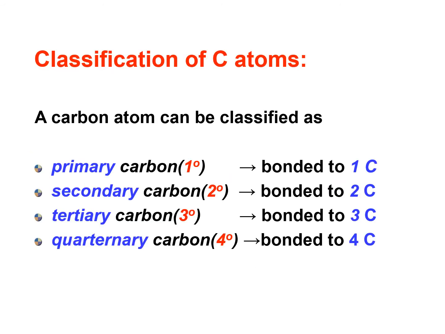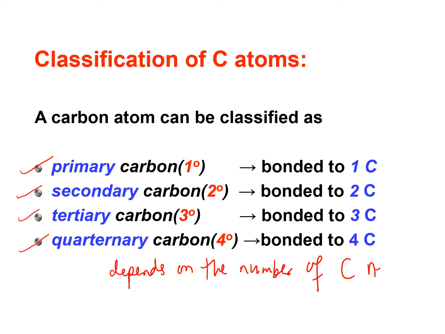Class of carbon. There are primary, secondary, tertiary, or quaternary carbon. The 4 classes of carbon depend on the number of carbon neighbors, the number of carbons attached to it.